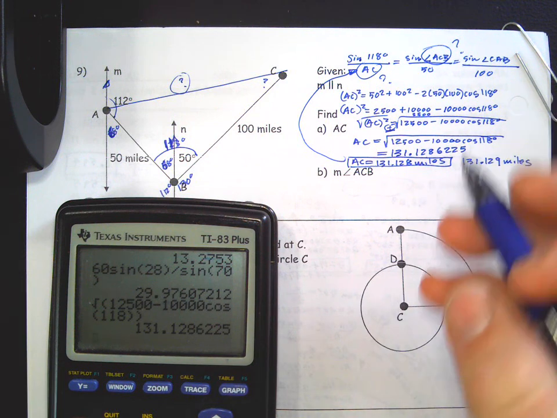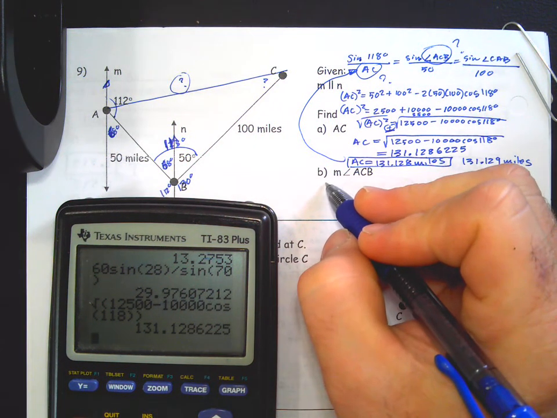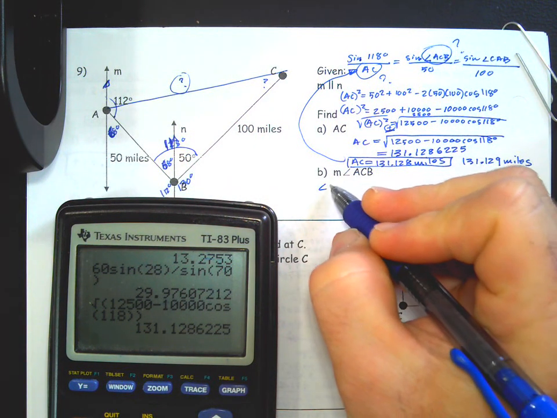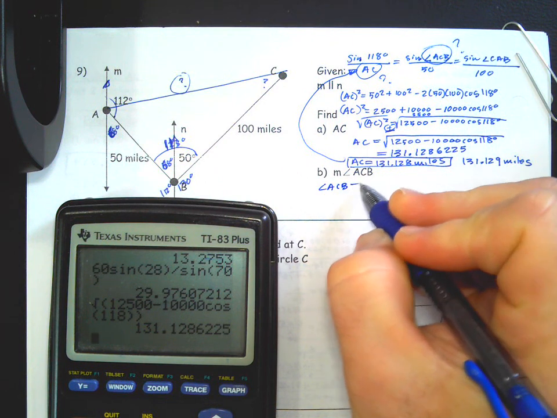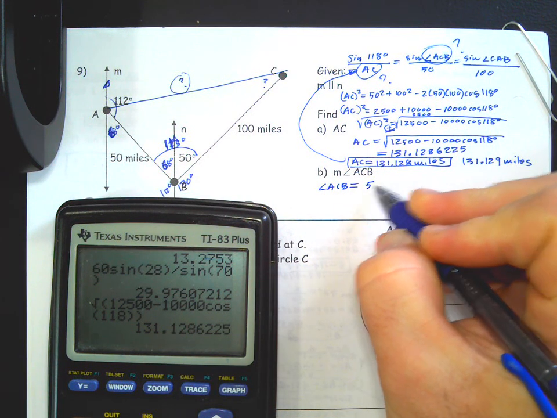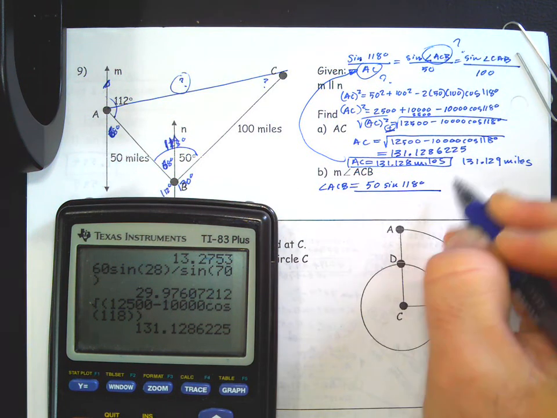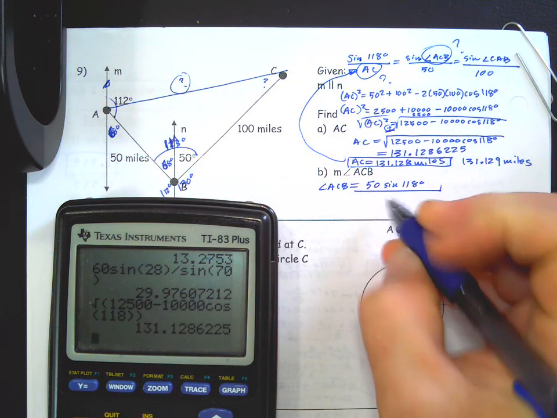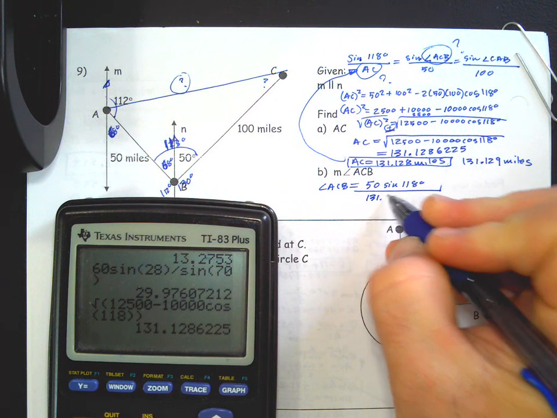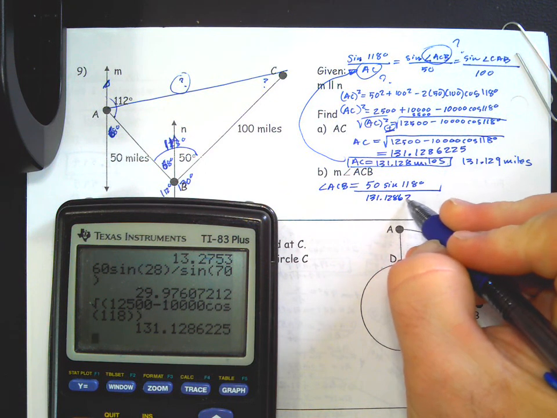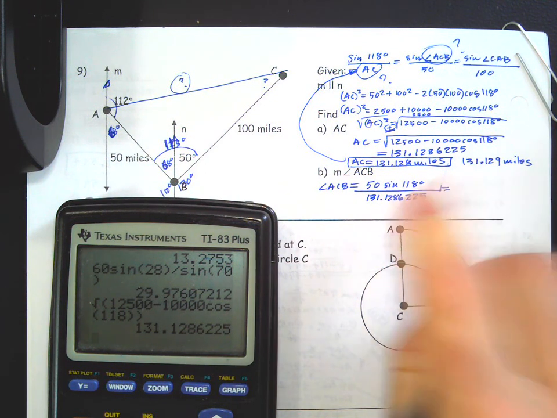So I'm going to say, okay, well, angle ACB equals 50 times sine of 118, over 131.1286225. You better have more than 3 decimals in this work right here.